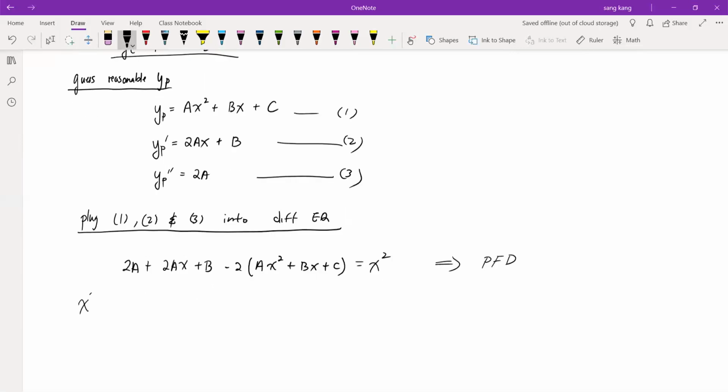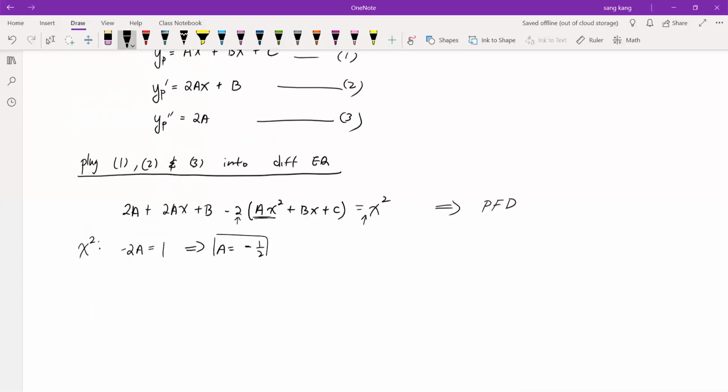So I'm going to look at all of my x squared terms. That's basically just this term multiplied by -2. So -2a will equal 1, because the only x squared term I have on the right-hand side is that x squared, and that has a coefficient of 1. So we can solve for a directly. This is -1/2.